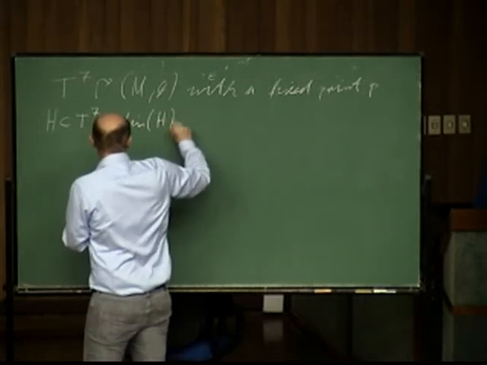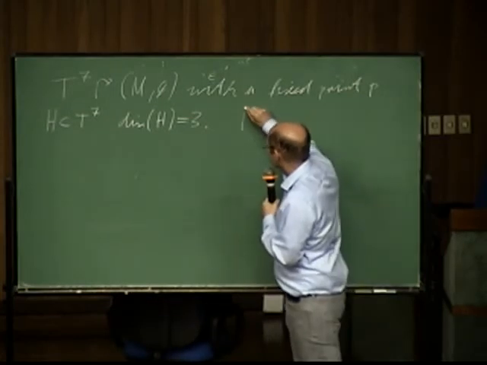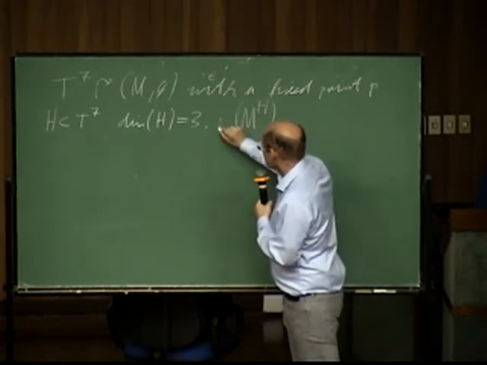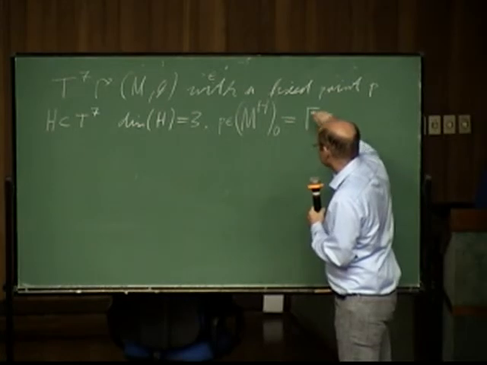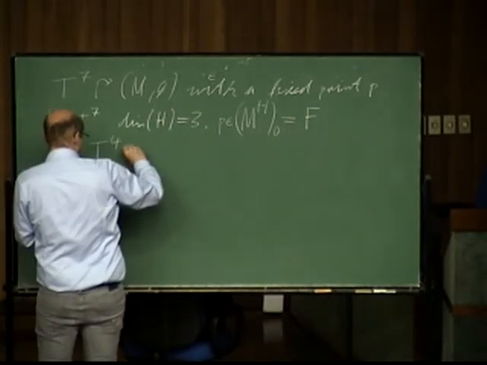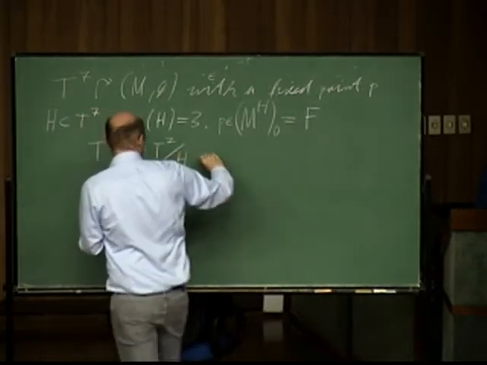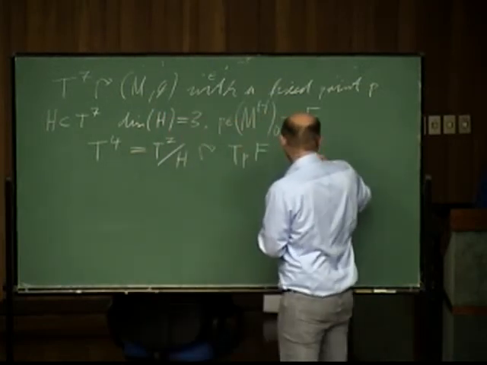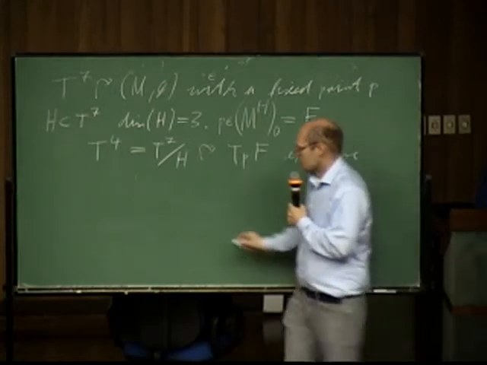so that we can look at the fixed point set, the component containing P. Let's call this F. And now the quotient torus, which is a 4-torus, still acts effectively on the tangent space T_P F. This representation is basically a product representation, what we call a product representation, right?